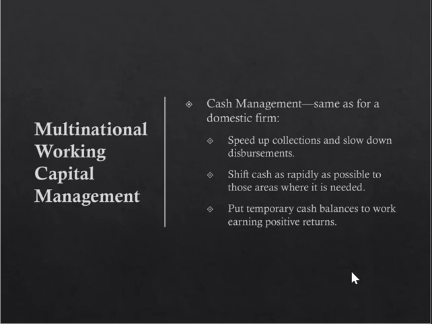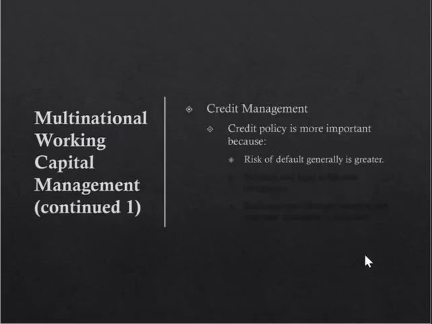You've got exchange rate risk associated with that as well, so you're going to want to keep track of the cash balance or your cash budget for each location and make sure that you've got that dialed in, because you may need to move cash from one jurisdiction to another. You're also going to want to put temporary cash balances to work, earning returns in each one of those locations, just like you do domestically.